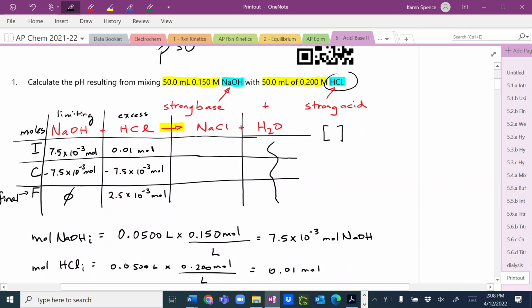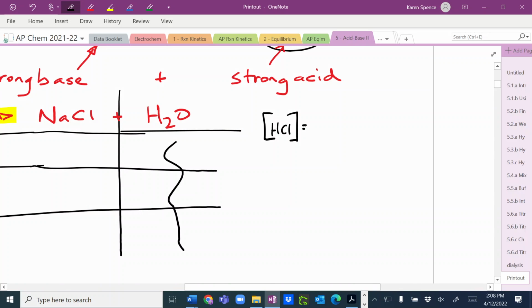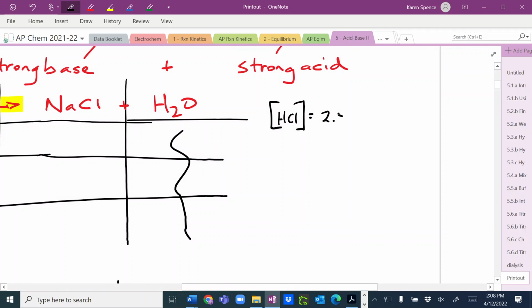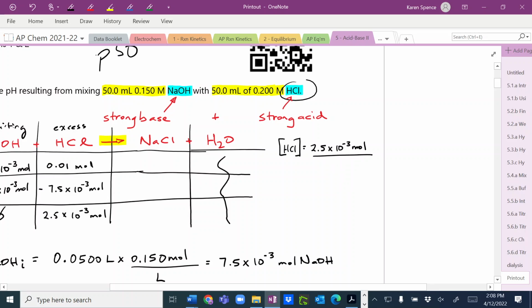Concentration of HCl is equal to 2.5 times 10 to the minus 3 moles over how many liters? Oh, 0.1000 liters is good because we've added the two volumes together.